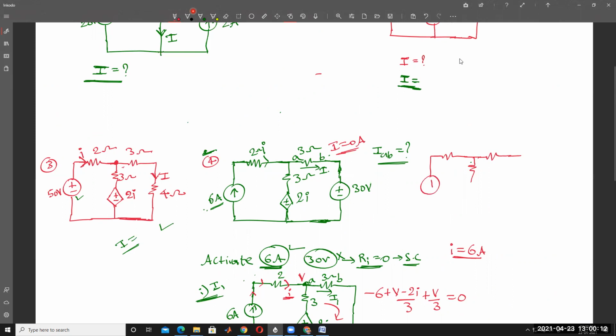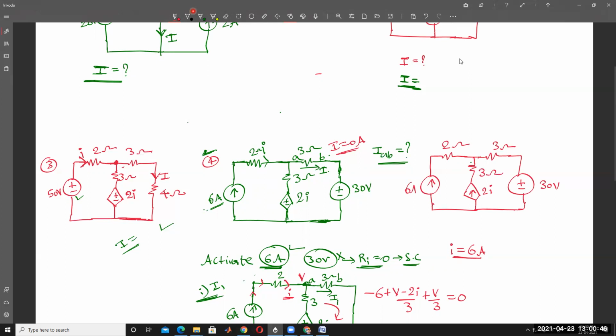Same current source, but here I am taking a current dependent current source, with minus 30 volts, 2 ohms, 3 ohms, 3 ohms.